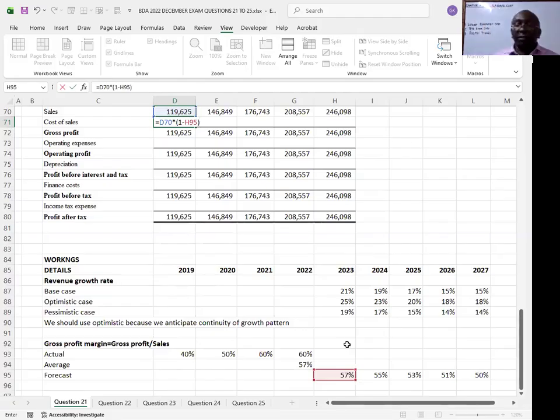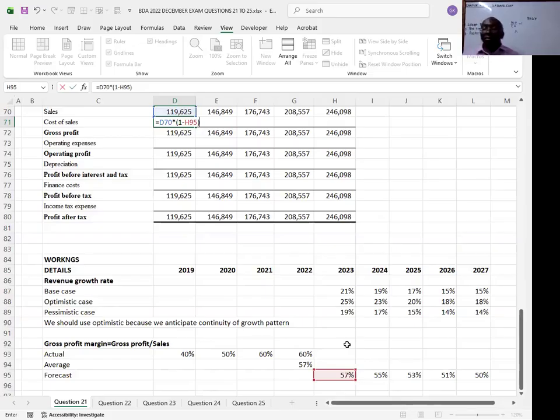I press enter, send me the figure. Send the figure.